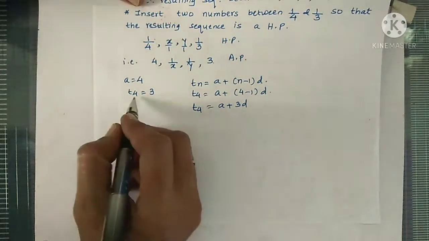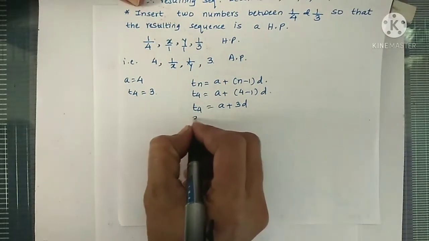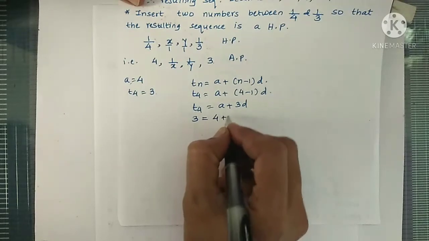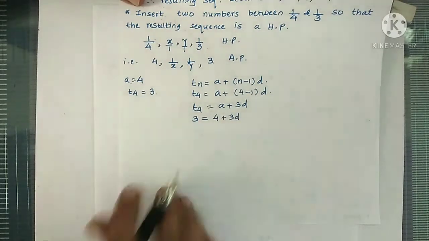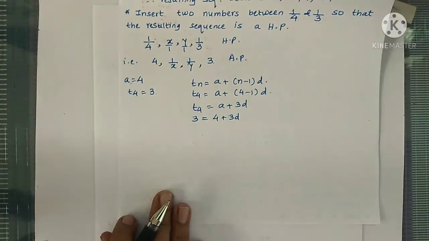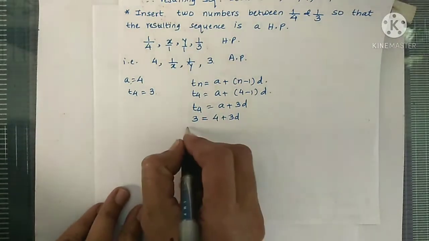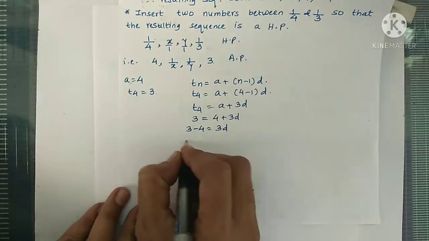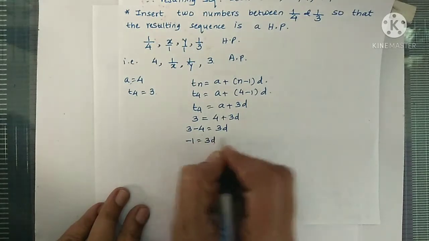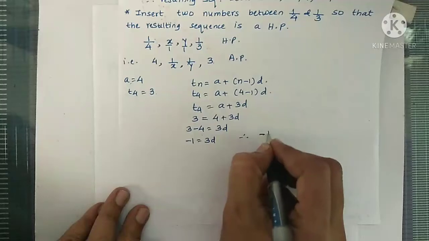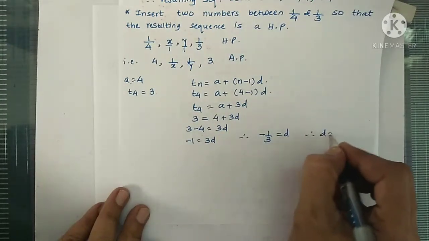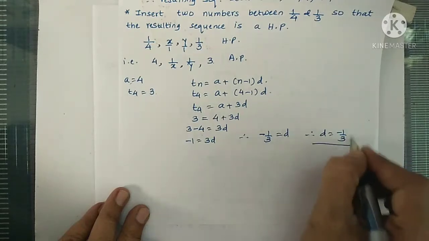T4 is 3 and the value of a is 4. Now the equation contains only one unknown, d. Solving this, 3 minus 4 equals 3d. So minus 1 equals 3d. Therefore d equals minus 1 by 3.